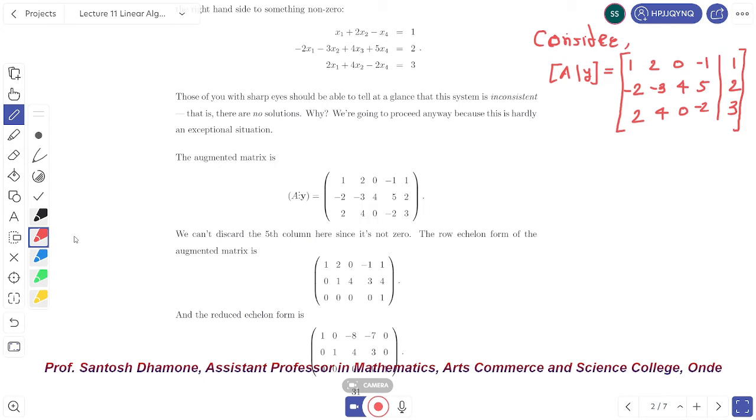Our target is to make this entry equal to 0 and this entry A31 equal to 0. This is our target.